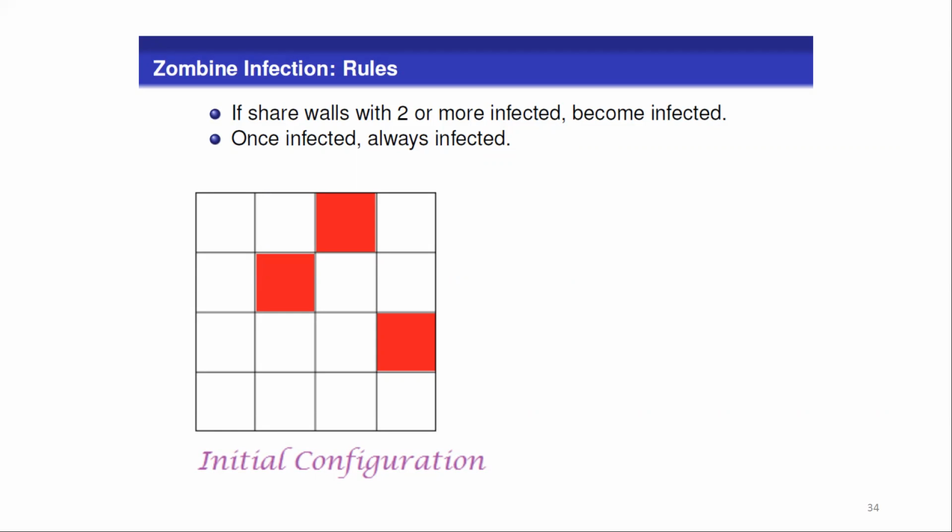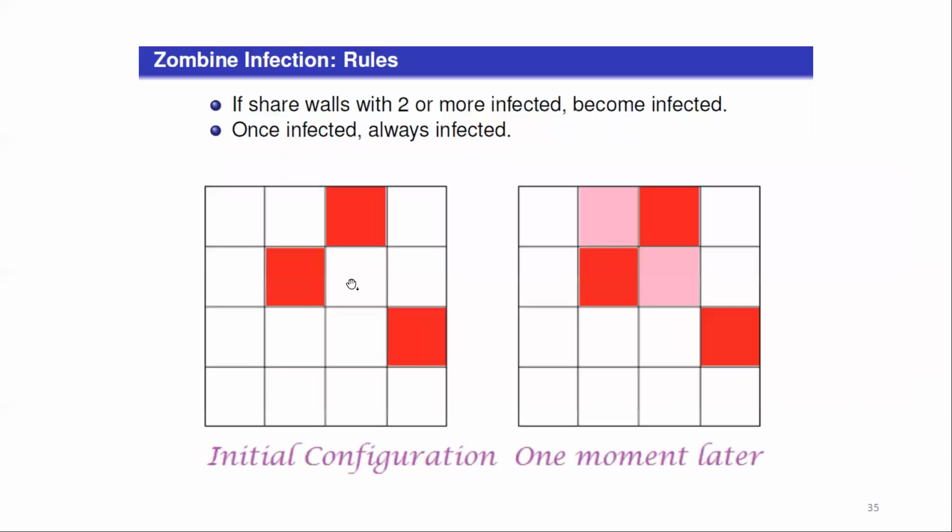Does anybody share walls with 2 infected people? Yeah, the second square on the top. Anybody else? Diagonally from that. And the third square in the second. So those 2 get infected in the next moment. And so 1 moment later, we went from 3 infections to 5.